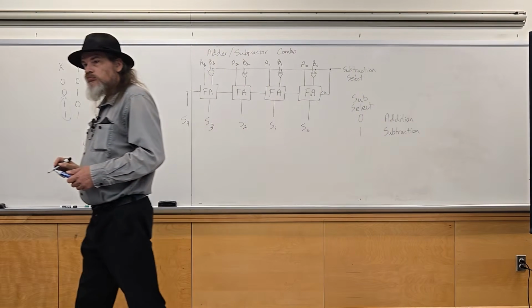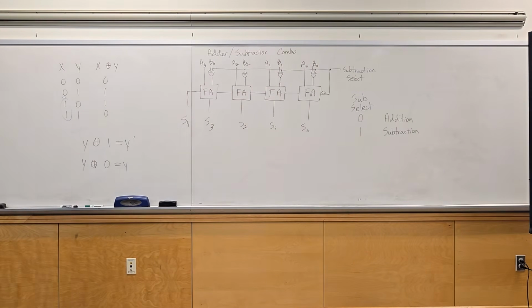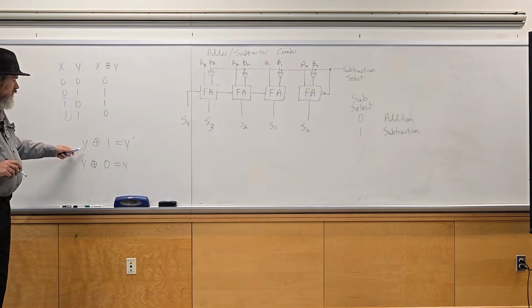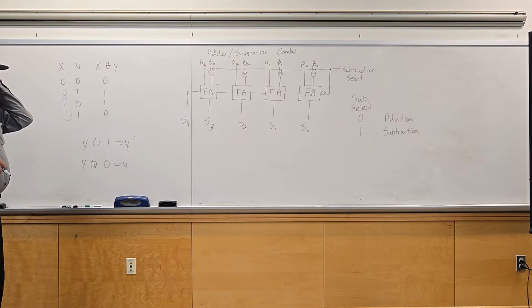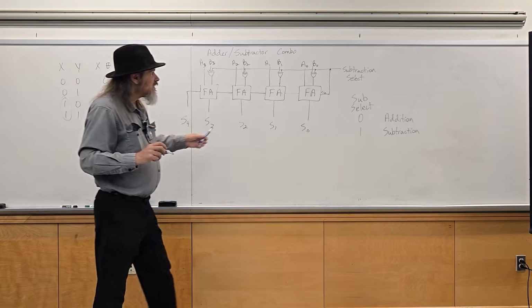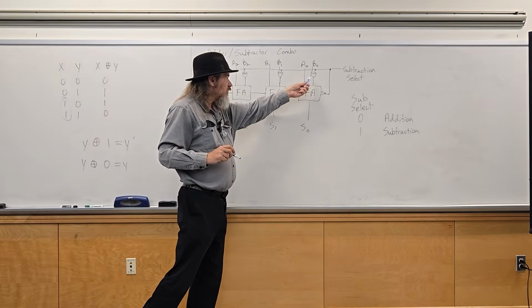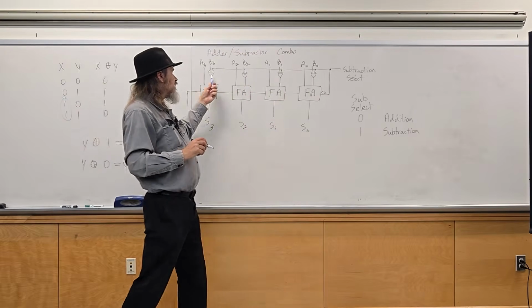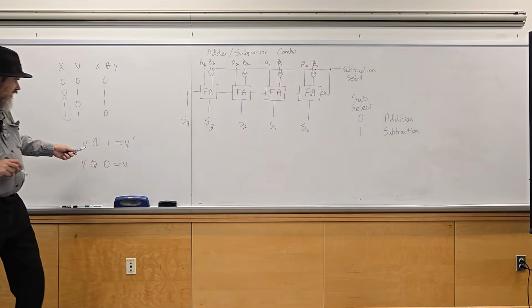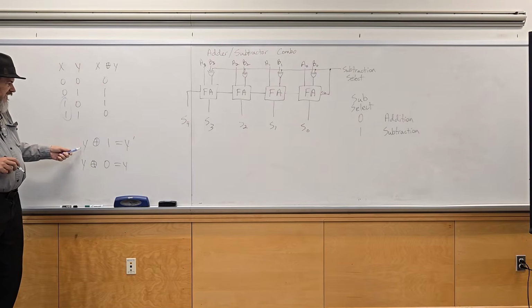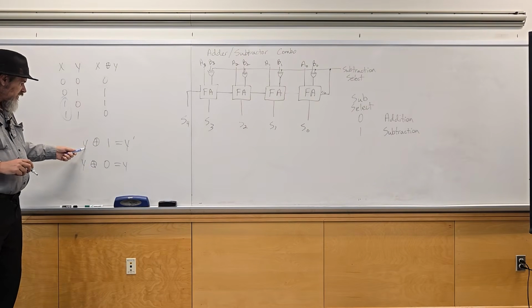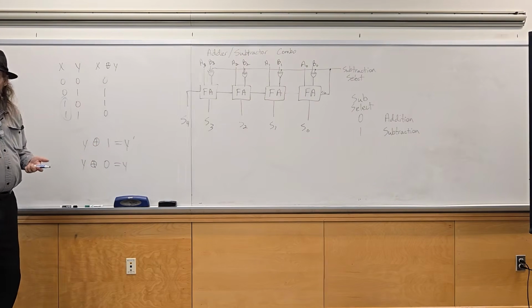When the subtraction select is 1, the exclusive OR gates are all going to be acting as inverters, because one XORed with the other input inverts the other input.